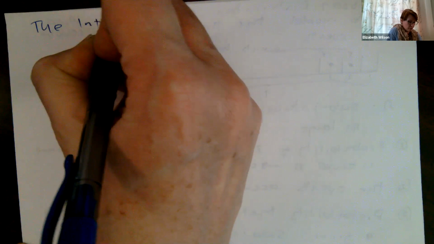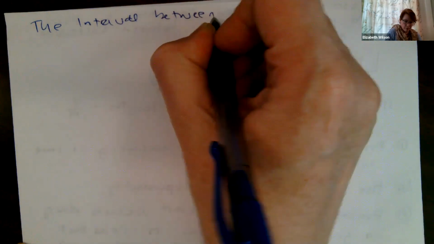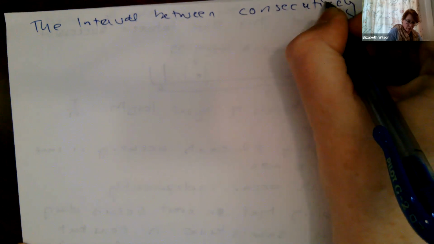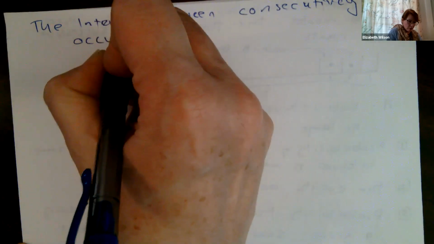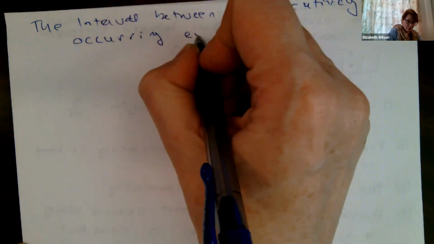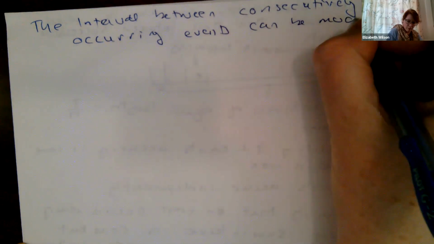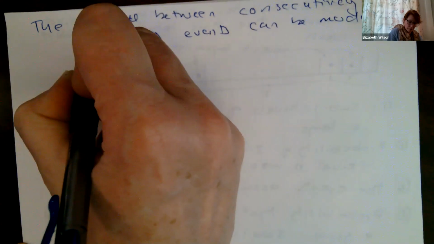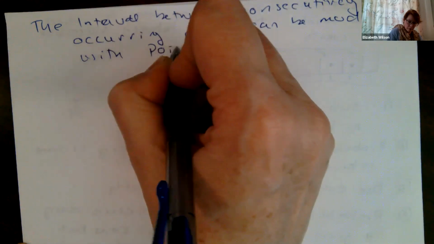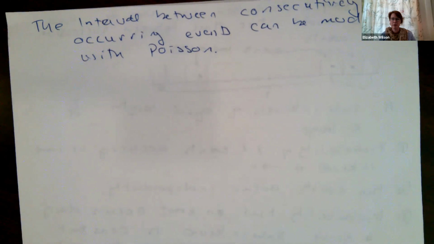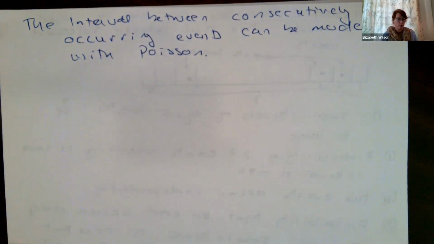So let's write that down. The interval between consecutively occurring events can be modeled with our Poisson distribution.